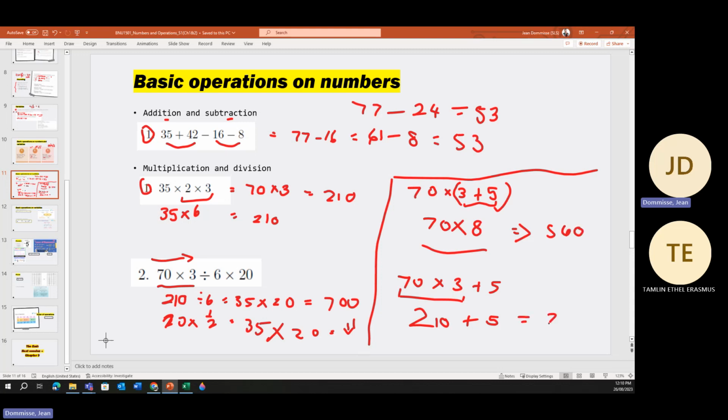So it is very important to follow the rules of first brackets, then multiplication. If there is multiplication and addition, you first do multiplication and last the addition component. Okay, so that's basic operations on numbers.